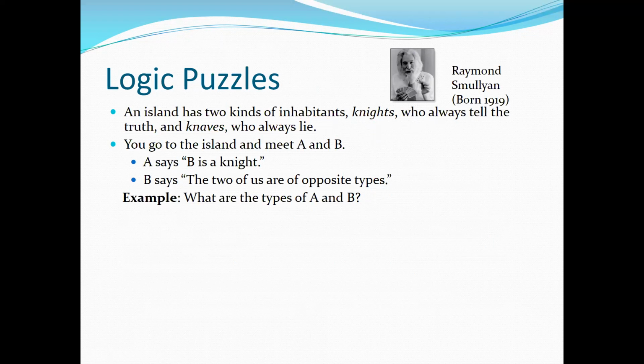Knights always speak truth, knaves always speak lies. You go to that island and you meet two people, A and B. A says B is a knight, and B says the two of us are of opposite types. Now tell, what are the types of A and B? Are they both knaves, or both knights, or one of each?